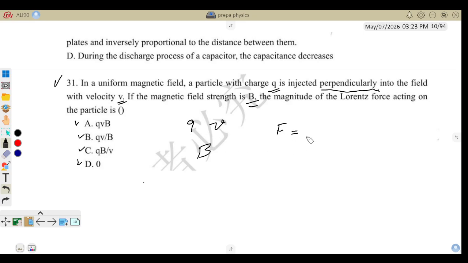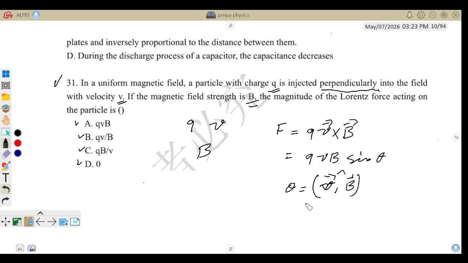The magnetic force is expressed as Q v cross the magnetic field. So this is Q v times B times the sine of theta, with theta being the angle between the direction of v and B. So this is an angle.